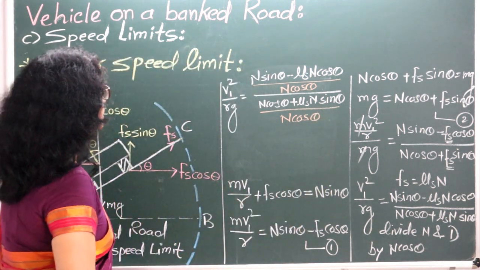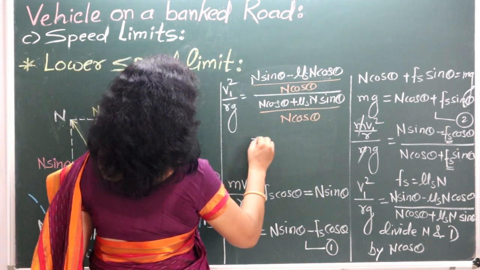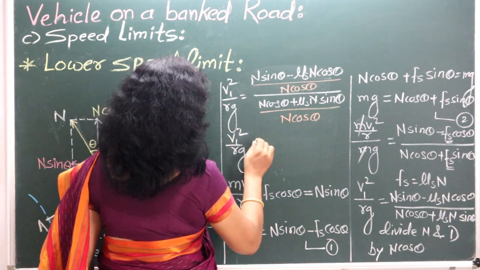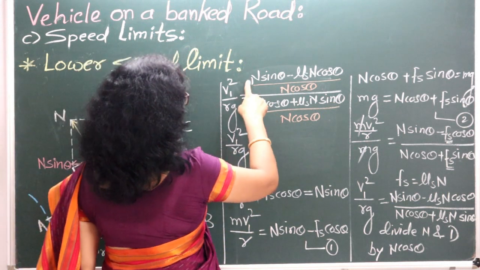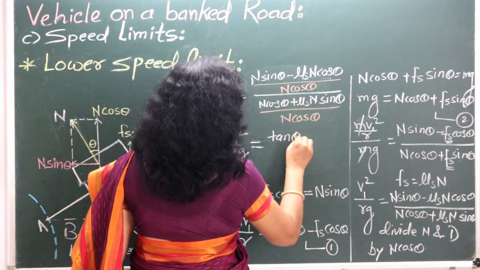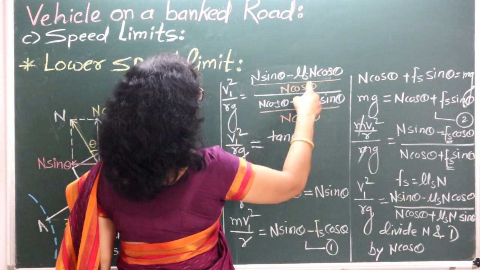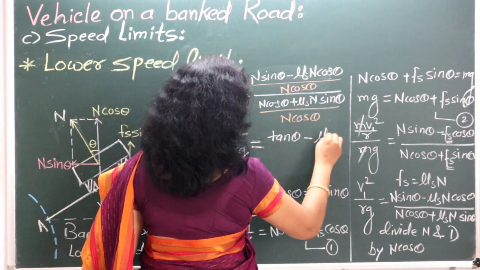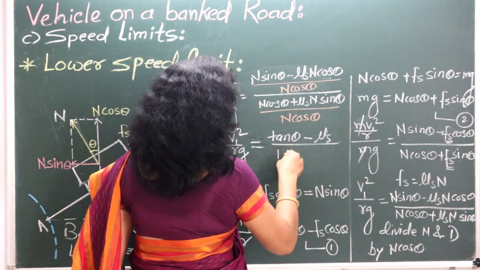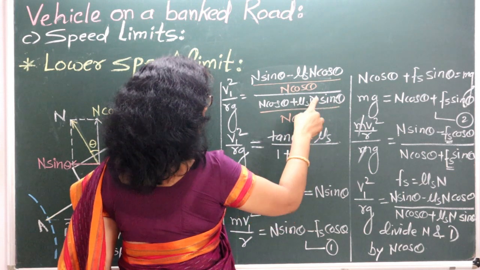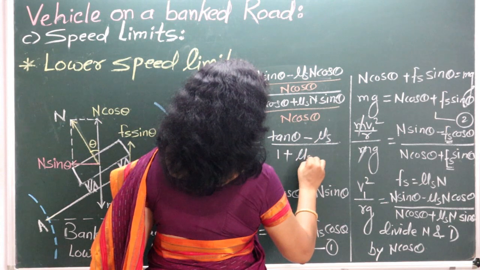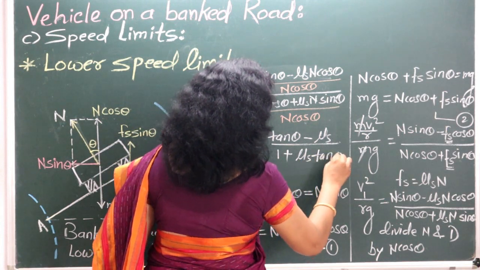Now see here, v1 square upon rg equals: n gets cancelled, sine upon cos is tan of theta, minus n cos theta gets cancelled, mu s upon 1, plus here sin theta upon cos theta, n gets cancelled, that is mu s into tan of theta.